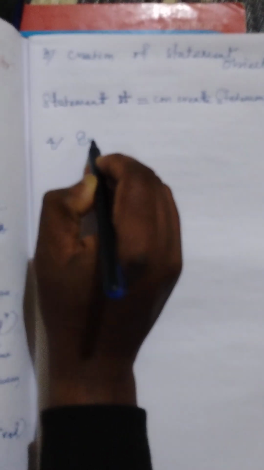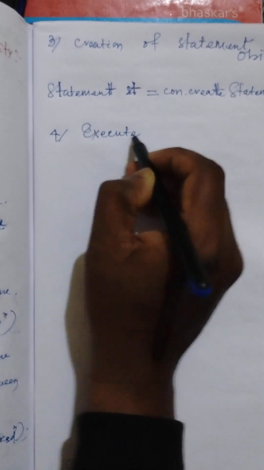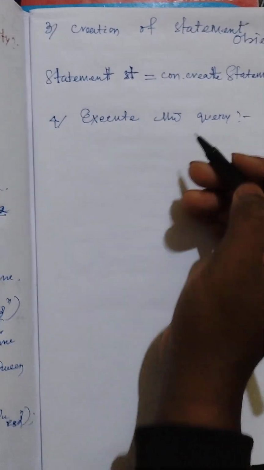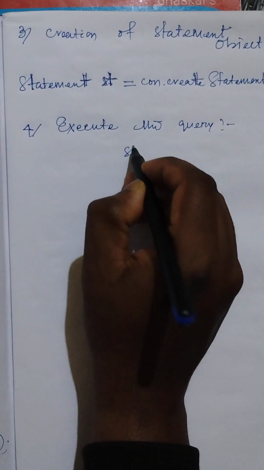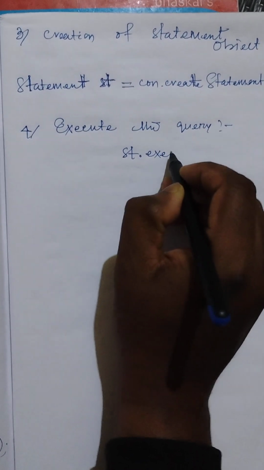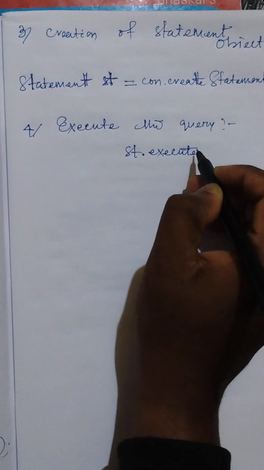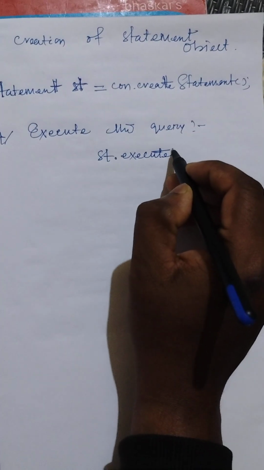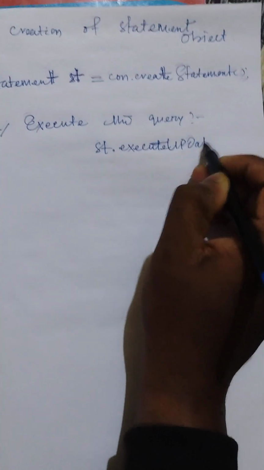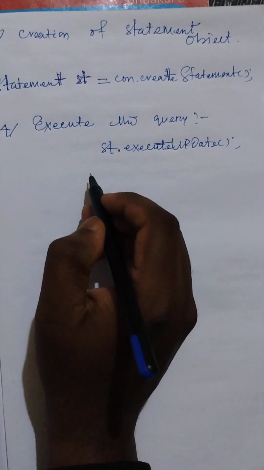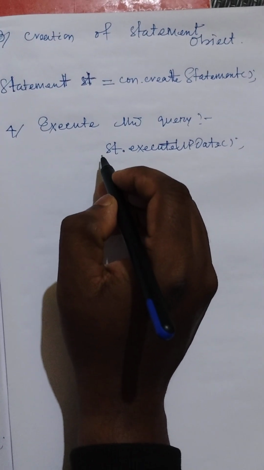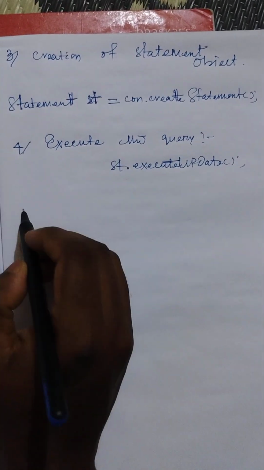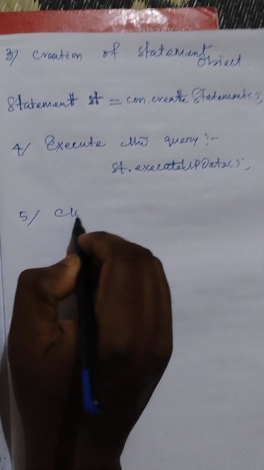The fourth step is to execute the query. As I said, the Statement object has execute methods. Suppose we are inserting data into the table, then we can use the executeUpdate method. Then the fifth step is to close the connection.